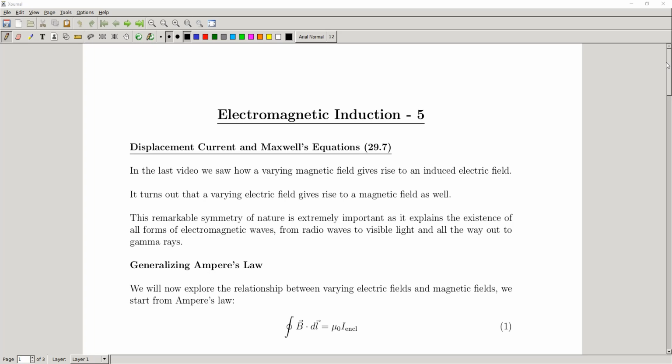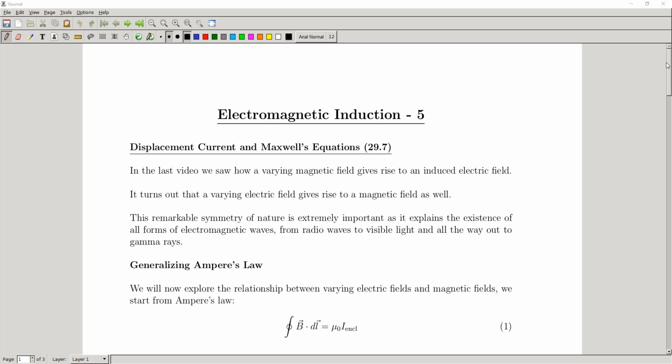Without this fact that changing magnetic fields induce electric fields and changing electric fields produce magnetic fields, we wouldn't have electromagnetic radiation. And electromagnetic radiation really covers everything in the spectrum, from radio waves to visible light all the way out to gamma rays. So really, this is one of the very important symmetries that allows our universe to look the way that it does.